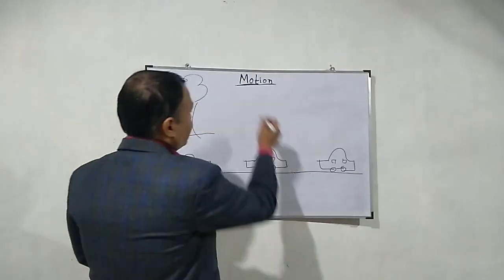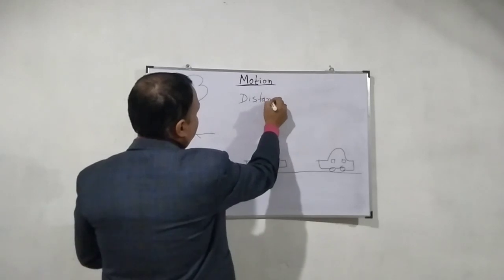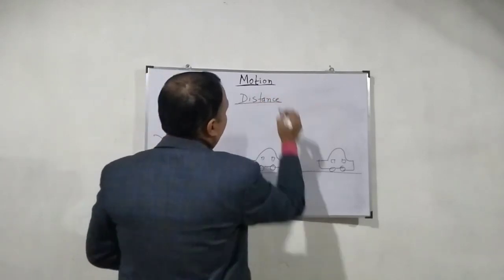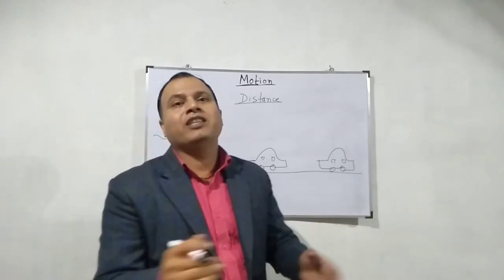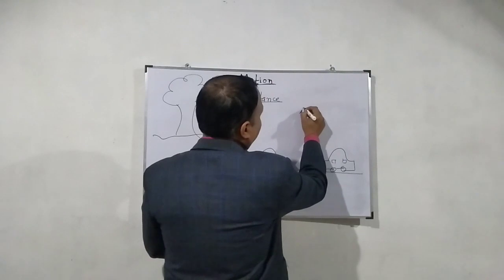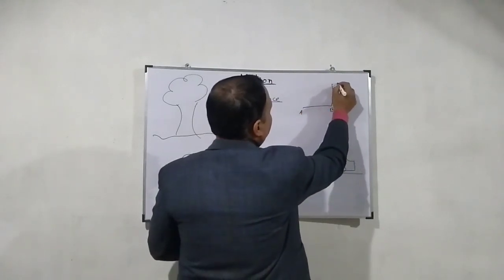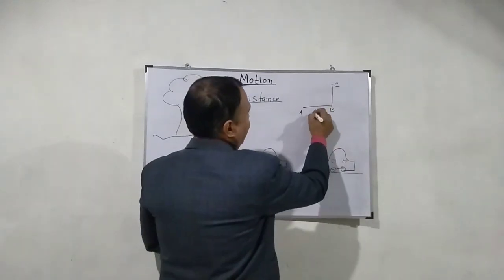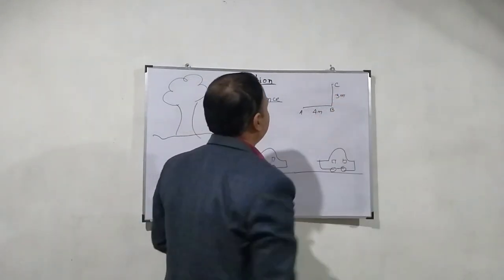Now we will discuss the term distance. What is distance? Distance is the actual length of the path. If an object starts from point A and moves towards B, and again it moves towards C, AB is 4 meter and BC is 3 meter.